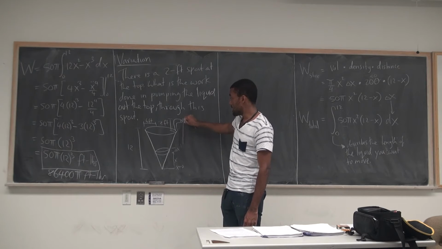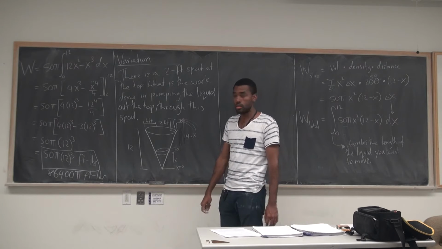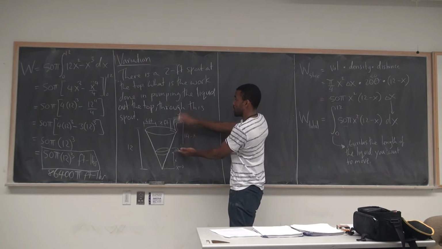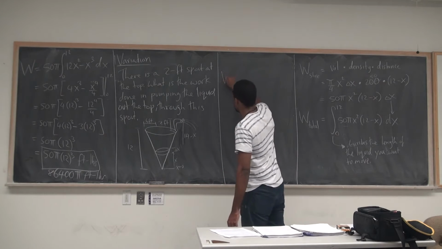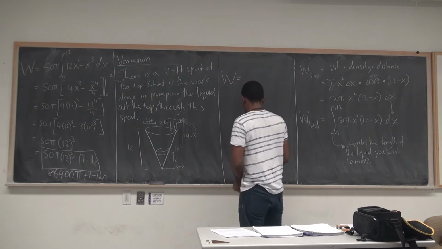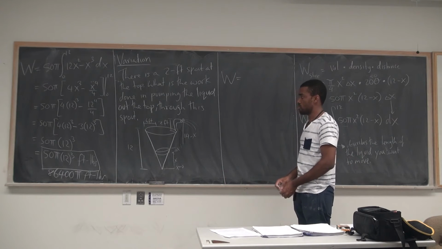The distance to get there is now 14 minus x. It's 12 minus x plus an additional 2. So how would that change our work integral? It would change your slice. Just set up the slice. Did you put 2 integrals, 0 to 12, 12 to 14? No, you don't.